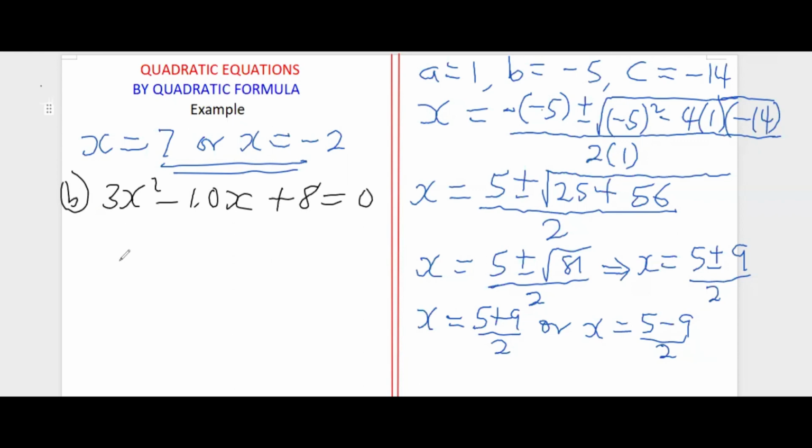From here, we can obviously see that a equals 3, the coefficient of x squared, b equals negative 10, the coefficient of x, and c in this case is positive 8.